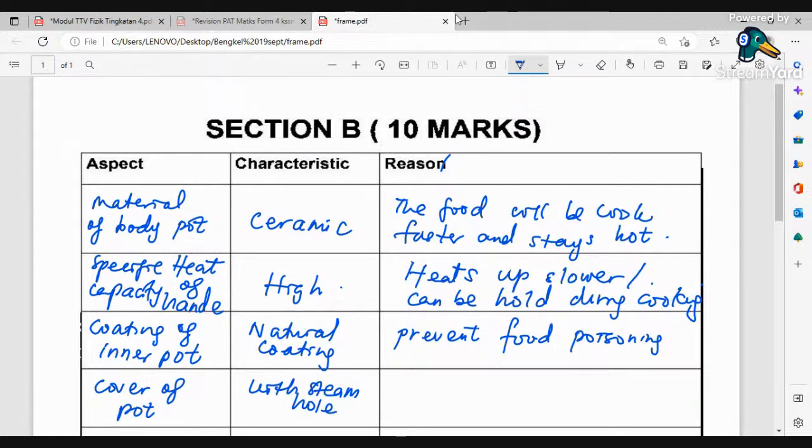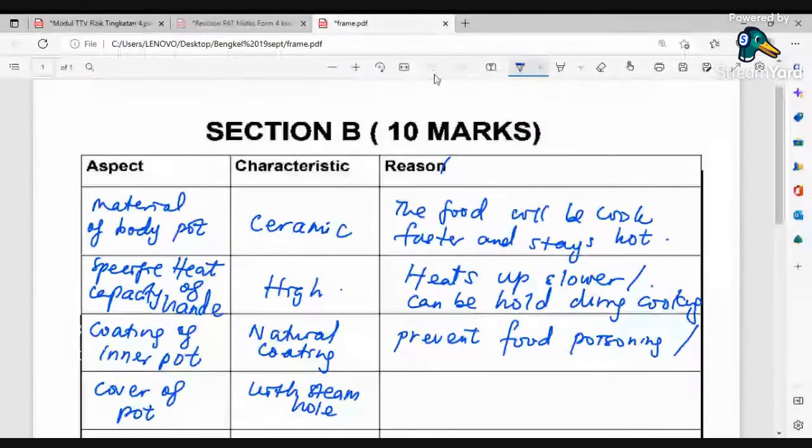Will prevent food poisoning. Ataupun dia cakap tak apa, okey lah tu.